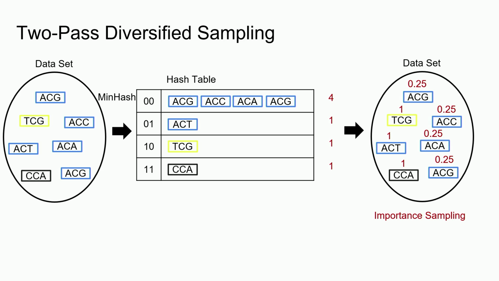For example, the gene CCA is the only one in this bucket, which means it's very unique. So we assign the weight 1. But for gene ACG, since there are so many similar ones in the same bucket, we assign the weight 0.25. In this way, we provide a cheap algorithm that goes one pass over the data set, and we assign a diversity score to every example in the data set.